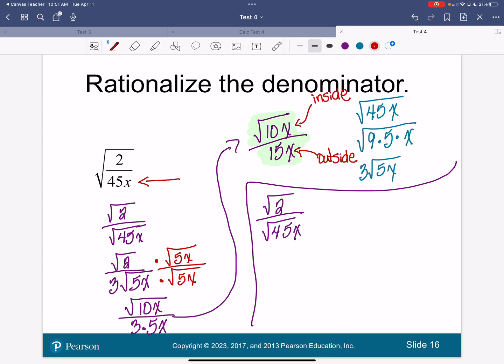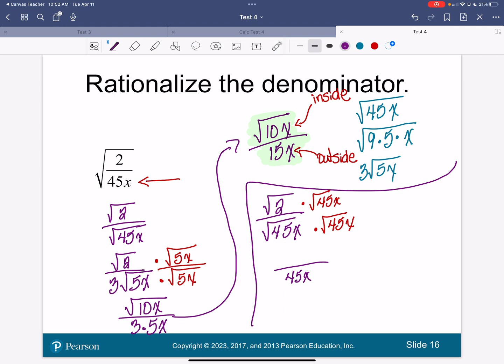And that's okay. You can do it that way. Okay? So I'm going to multiply by the square root of 45x, and then I'm going to multiply by the square root of 45x. Okay? So in the denominator, I end up with 45x in the denominator.